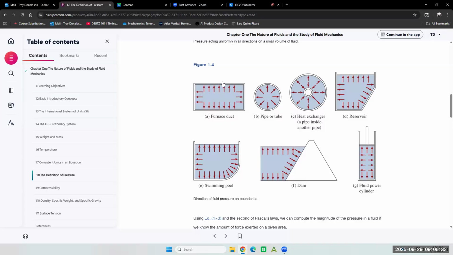But we use this pressure thing for a lot of different things, like reservoirs of fluids. That's going to be all pressure calculations, like how much pressure is on this slope, how much pressure is on the bottom, how much pressure is on the sides. So we'll calculate that when we get to that chapter, which I want to get to fairly quick. Swimming pools, dams, great pressure problems. And then fluid power systems, this is like a piston.